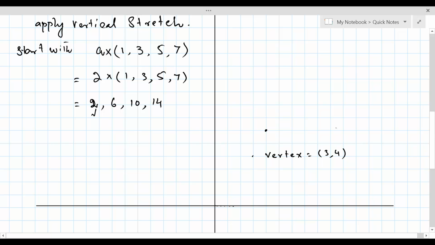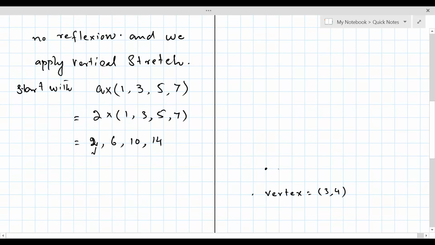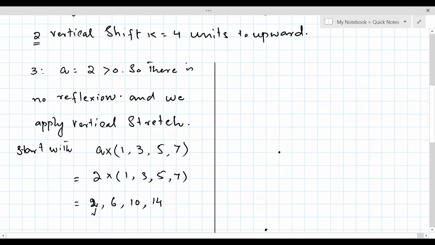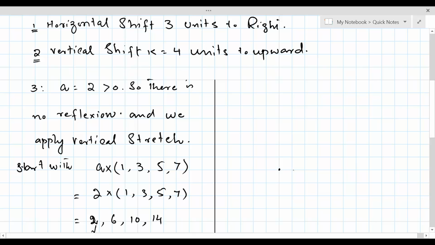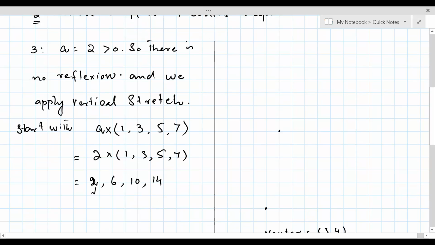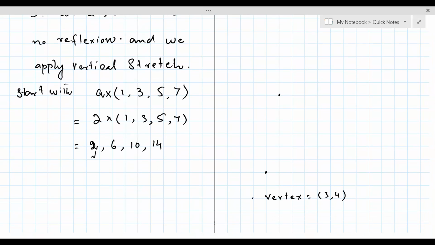Then 1 unit right and 6 units upward: 1, 2, 3, 4, 5, and 6 units upward right here. And then 1 unit right and 10 units upward. We are not going to get there, but that's what our graph should look like.